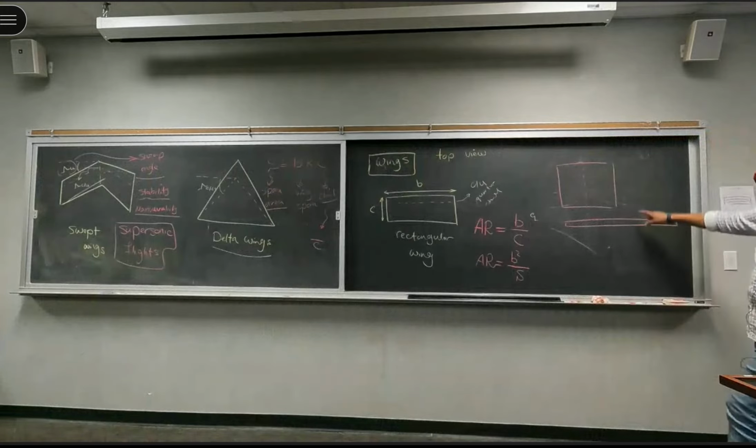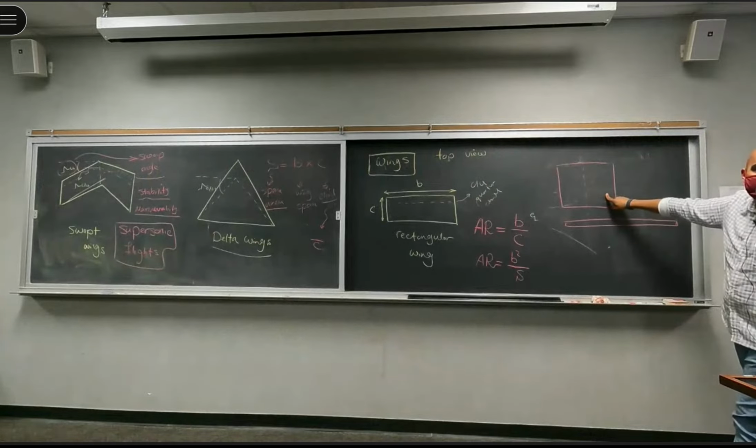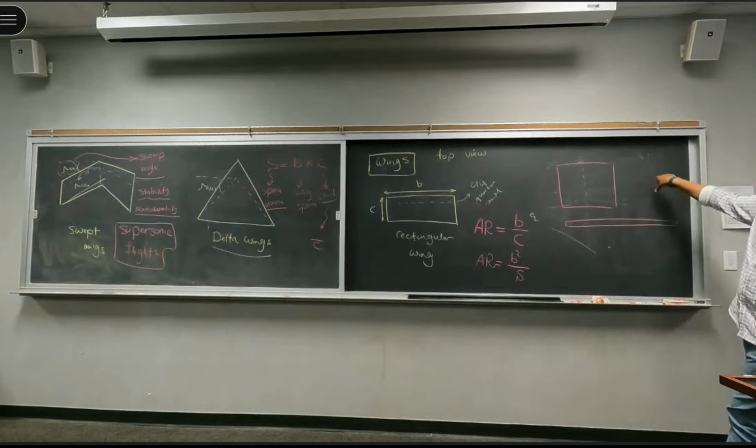So what you're telling me is that this does not generate enough lift, right? But it has a very large area though, right? So you are leaving enough room for air on the bottom to push the wing up.